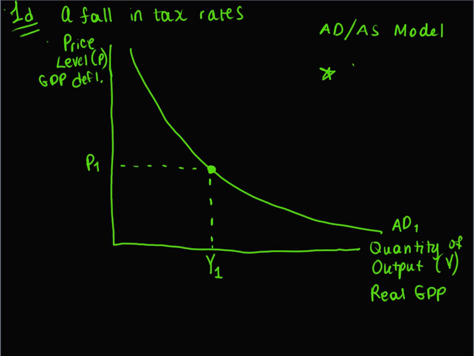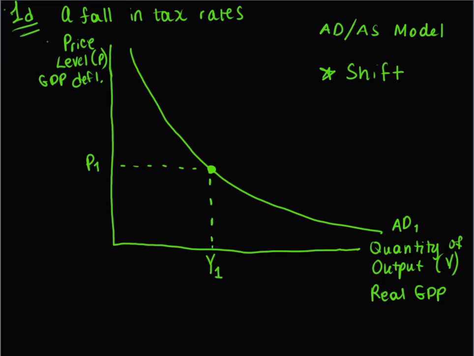Well, let me consider a fall in tax rates. I'm going to add a little detail to this question because I actually think that it makes a difference whose taxes we are cutting. If we're cutting the taxes of wealthy individuals, I think it's much less likely, and the data shows us it's much less likely, that they are going to go out and spend it in the economy.